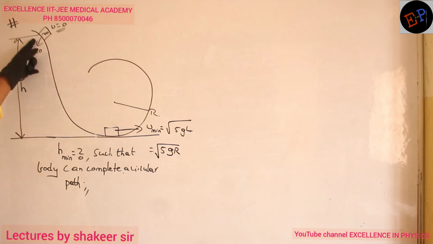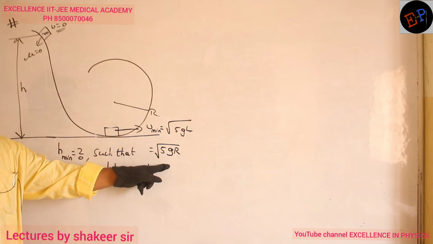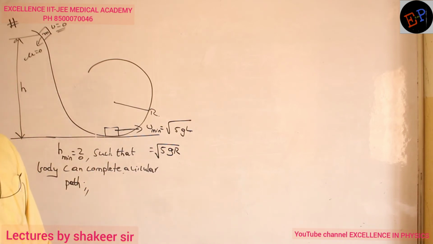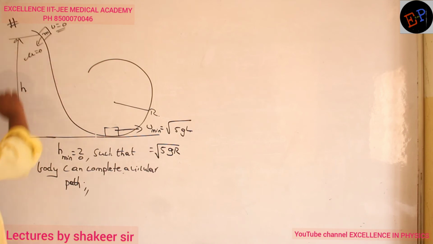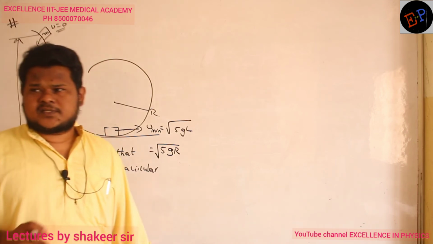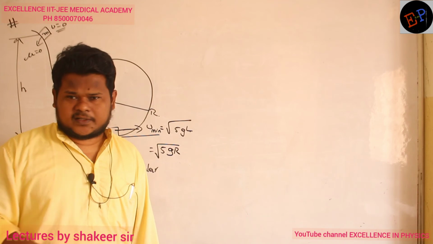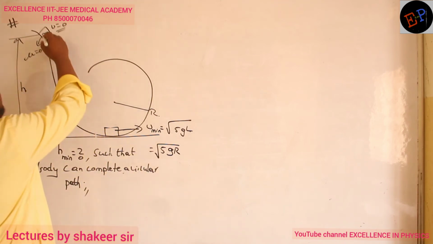So the initial velocity is u, the final velocity is root 5gr. Then can't I use the law of conservation of mechanical energy here? The body is coming down. How many forces are acting on this mass? Gravitational force is acting, which does work.